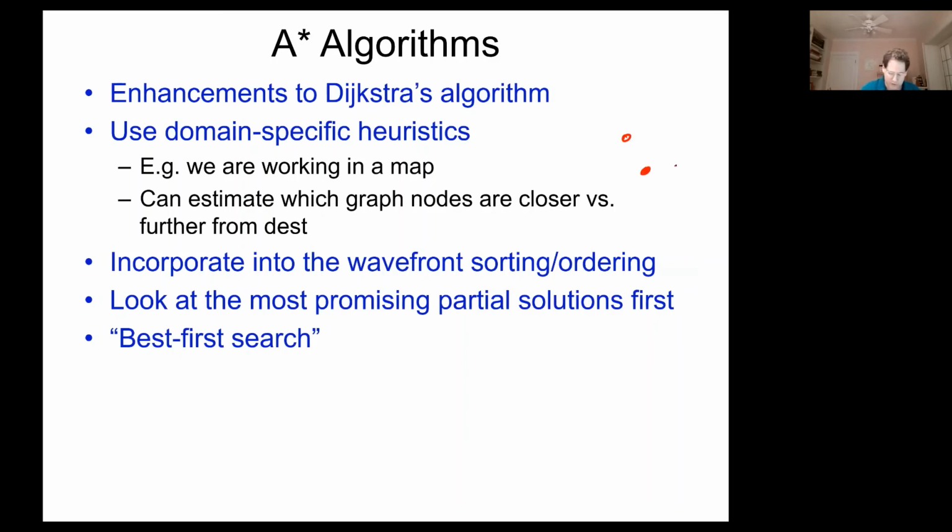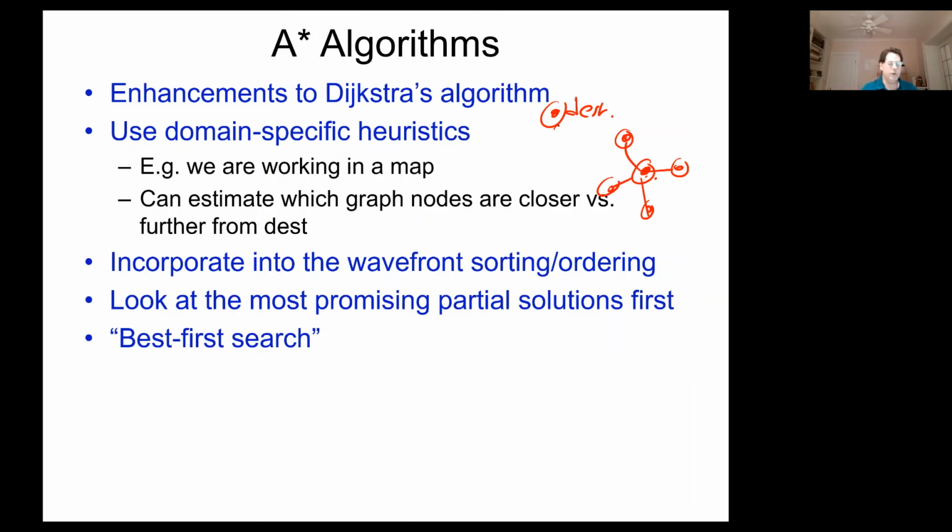So we don't just know I have a node here, which is some intersection, and we know its adjacent intersections. We know all of that, but we know more. We also know the position of this intersection and the position in space of these other intersections. And we know the position in space of our target, what our destination is. That means we can estimate whether we're getting closer or further away for each of these nodes to our destination. And that's helpful. We can put some extra smarts into our algorithm.